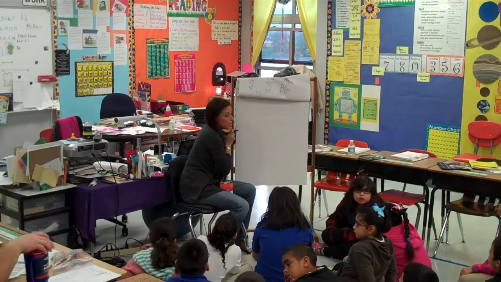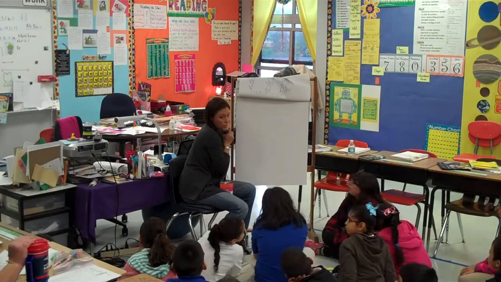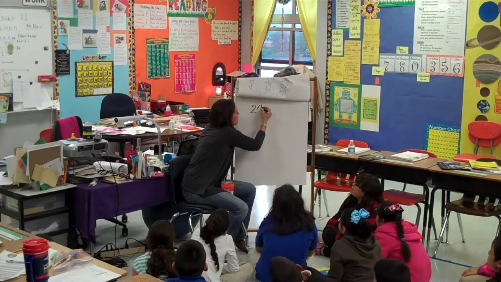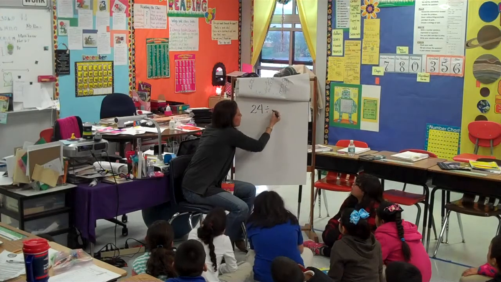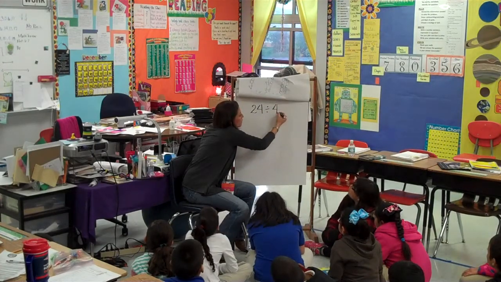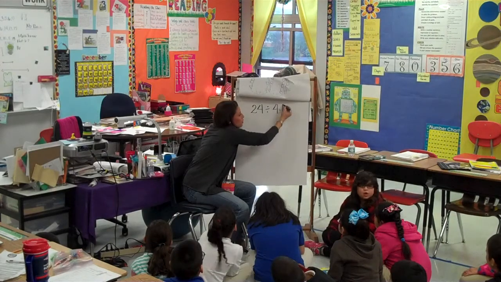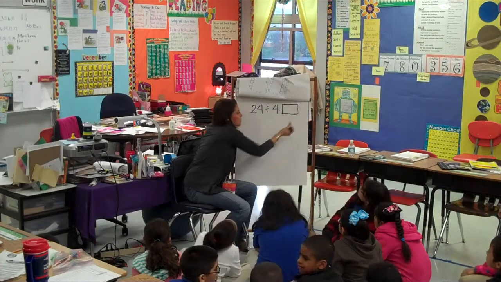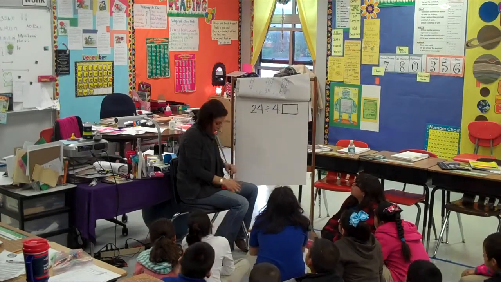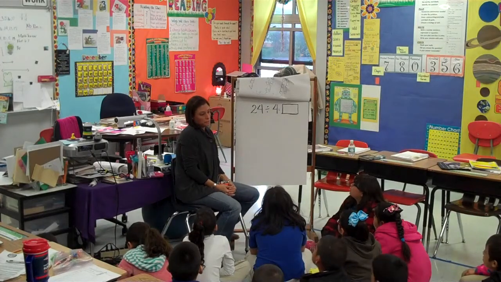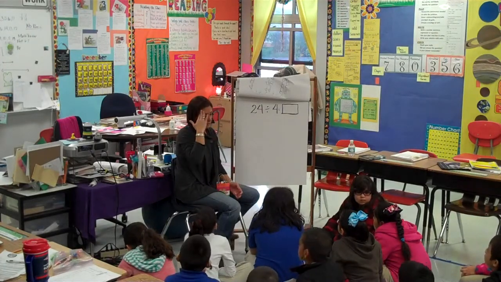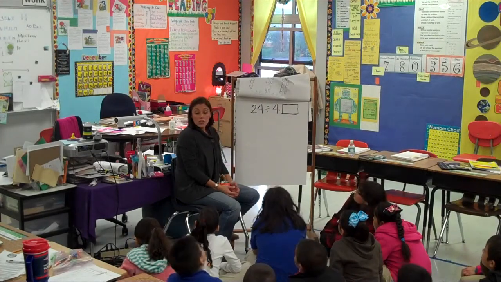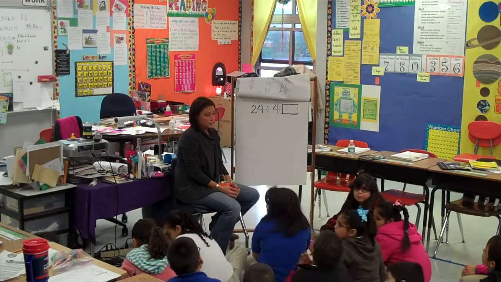So we're doing it silently right now so that everybody's brain gets a chance to work. I would like for you to solve this problem in your brain, not yet. I'll tell you when you can turn to your partner. You can use any strategy that works for you.